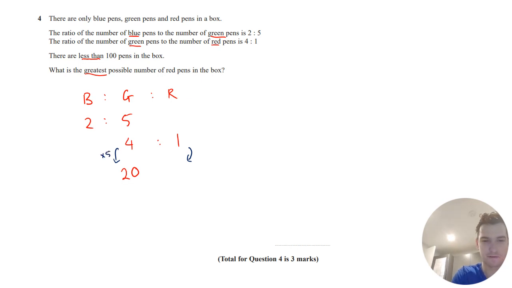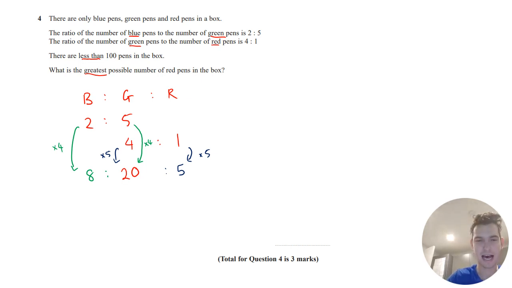Times by 5. So 1 times by 5 is 5. And then blue pens, how do I get from 5 to 20? Times by 4. So 2 times by 4 is 8. That is my new ratio, 8 to 20 to 5.